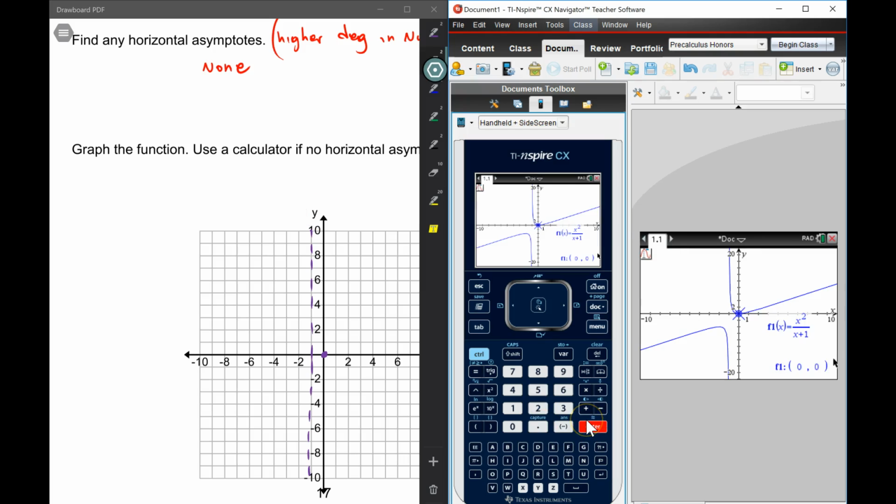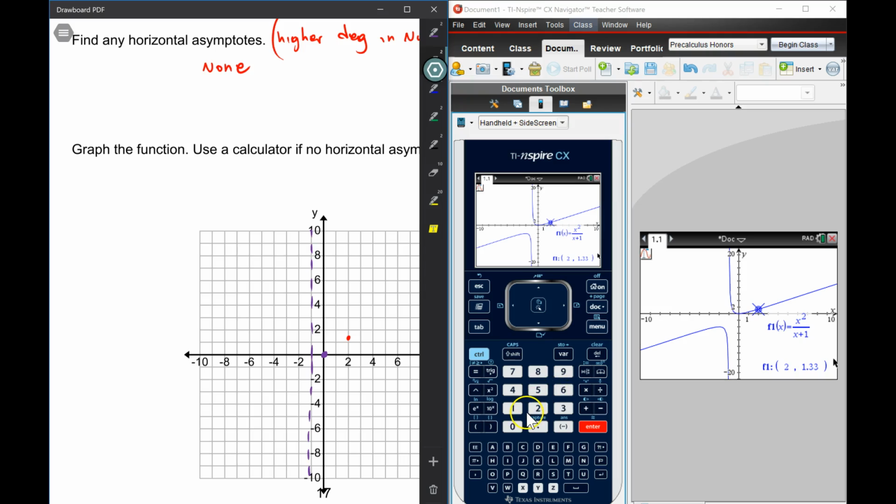And now, okay, at 0, y is 0. In trace mode, the reason why I like this is you can put in any value. So you could type in 2, and it'll say x equals 2, enter, and it's 1.33. Okay? So when x is 2, it's 1.33. Okay, so in trace mode, you just type in the number that you want.